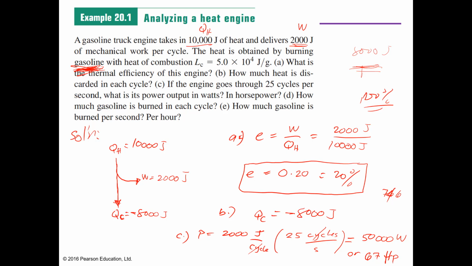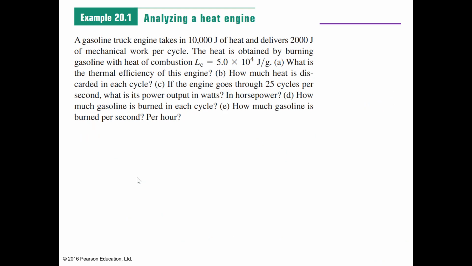So this will be the power output of this engine that goes through 25 cycles per second. So 50,000 watts. Okay, for letter D, how much gasoline is burned in each cycle?